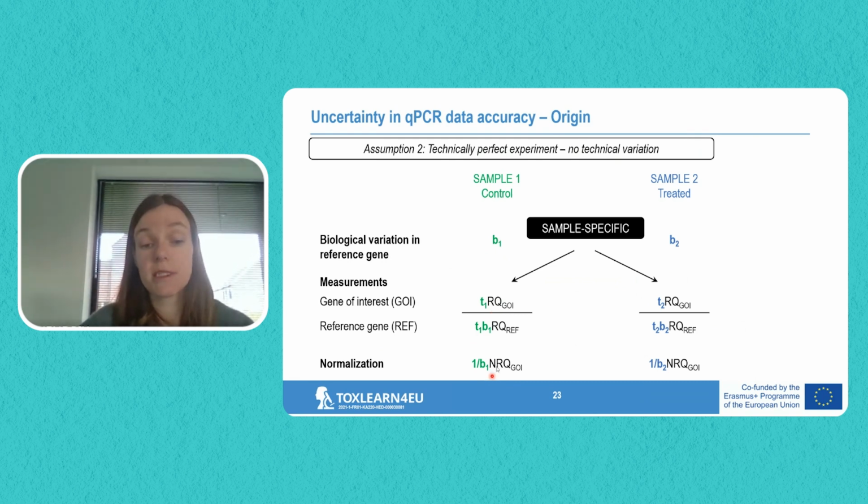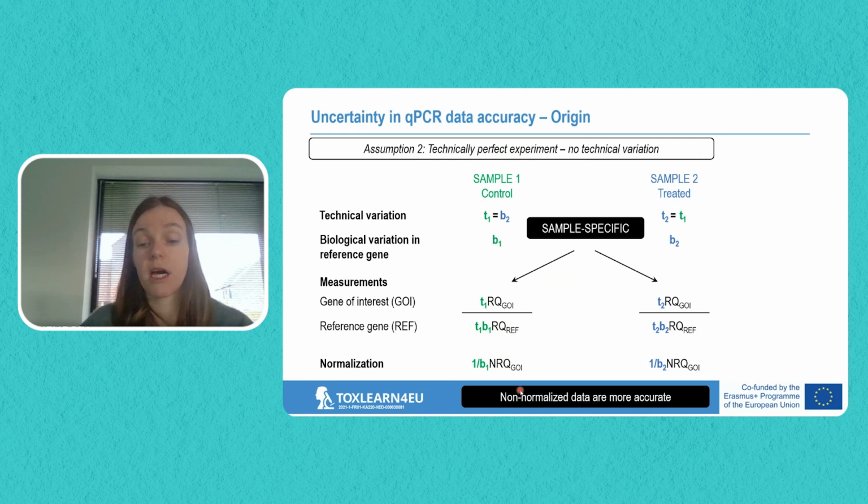But in this case, we're inversely imposing the variation in expression of the reference gene, so the biological variation, on the gene of interest. And this is not what we want to do. So in this case, actually, the non-normalized data would have been more accurate than the normalized data. So in this case, it would have been better to not normalize the data. But of course, this is something you cannot know.